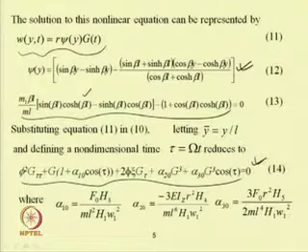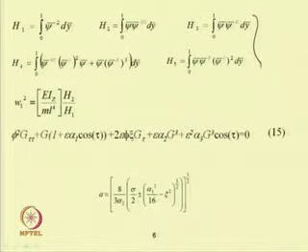Now our objective is to find these coefficients. One can find these coefficients by using these integrals, and we already know there are several numerical techniques available to find the integral. One can use the Gauss quadrature method, Simpson rule, trapezoidal rule and similar methods to find the integration of these functions.